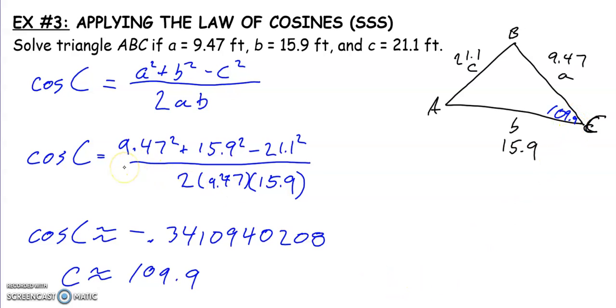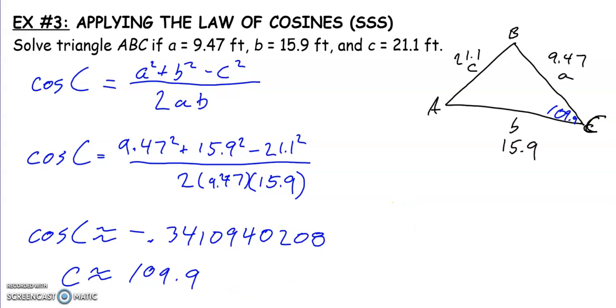Now, we can do a couple things at this point. We can continue working with the law of cosines and find our other two angles, or at least one more angle, or since we've got an angle, we can use the law of sines.